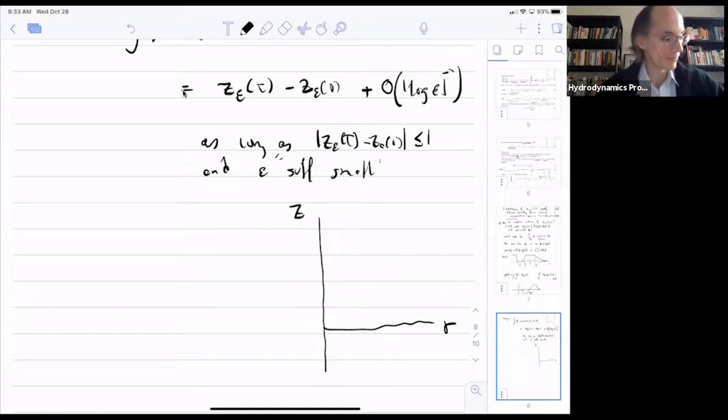And we have this function phi. So here's, let's say, R is 1 here. And the support of phi might look like this.